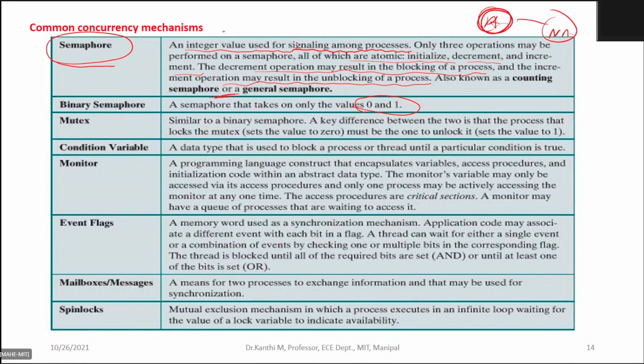Semaphore is a kernel object through which you can handle concurrency, for sharing any resources. So the mutex is similar to a binary semaphore.